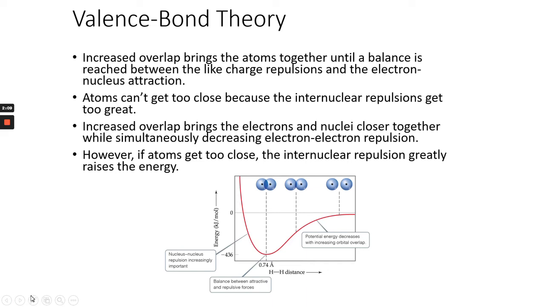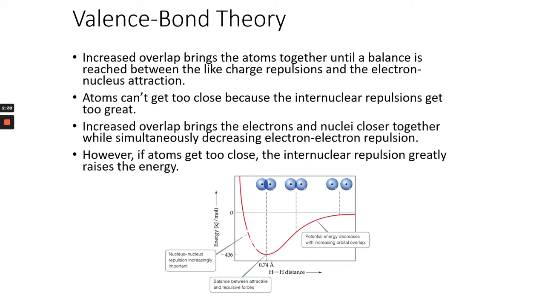So, just to review again what we said on the previous slide, increased overlapping begins as the atoms come together until you reach a balance where the like-charge repulsions and the electron-nucleus attraction balance each other out. Your atoms can't get too close because then the protons of the nuclei start to repel each other.